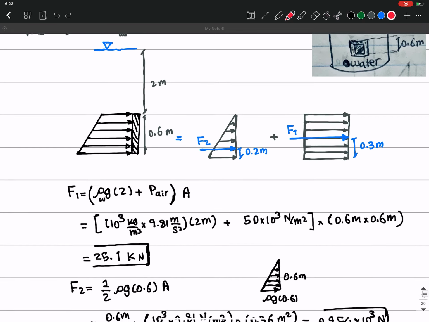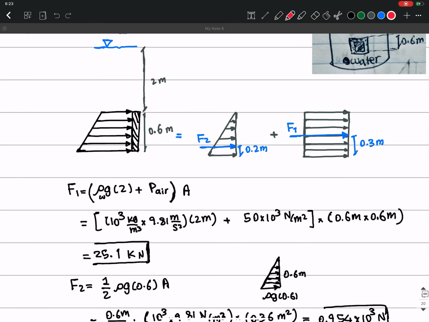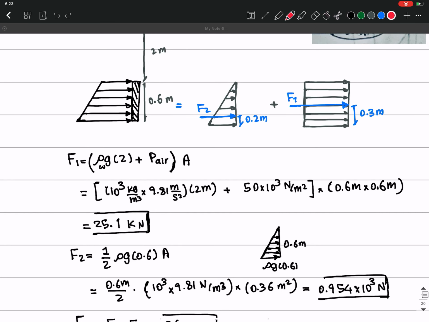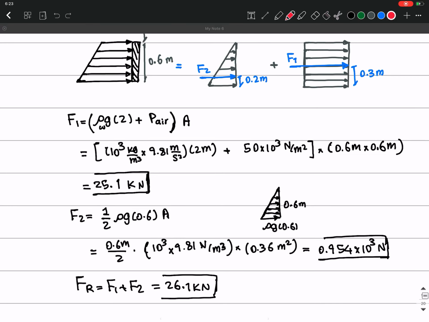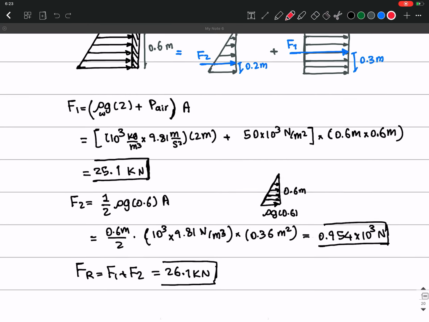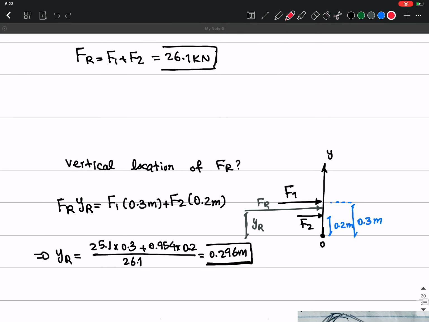And by this it simplifies our solutions. So this is F1 we found, and F2, and then the FR, the resultant force, is going to be the sum of these two forces, okay? And the vertical location of that, you can find it by writing a simple moment equation. So the FR times YR, you can calculate it from here, or you can even calculate it from this origin, O prime, from the free surface.